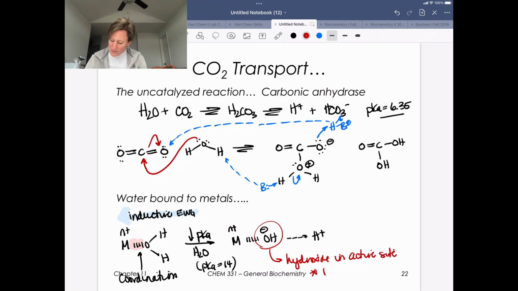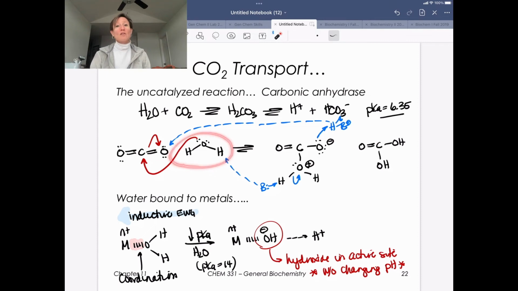And this is important, without changing pH. So the net effect here is that we're able to increase the effective concentration of hydroxide without changing the pH. So that's going to allow us to have a higher concentration of a more effective nucleophile without changing pH. So that's kind of a neat thing that metals are able to do when they bind water and when they're in an enzyme active site.